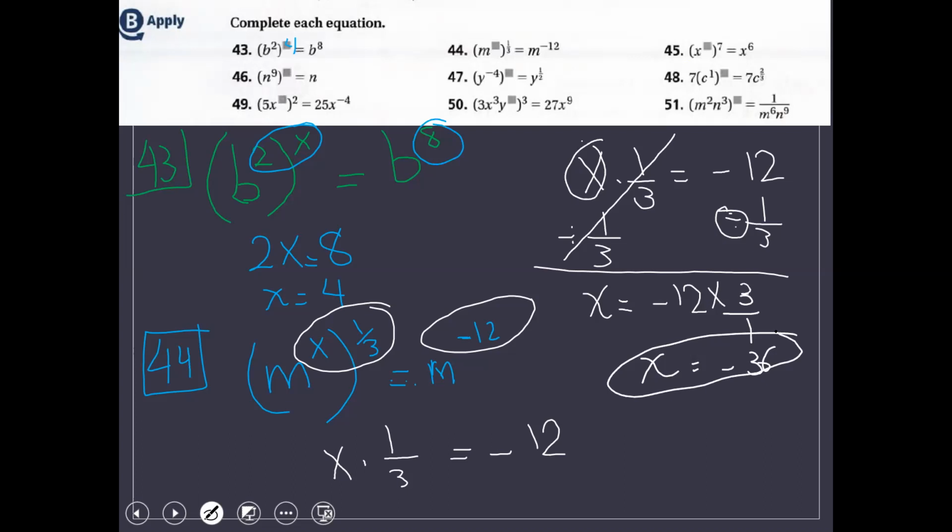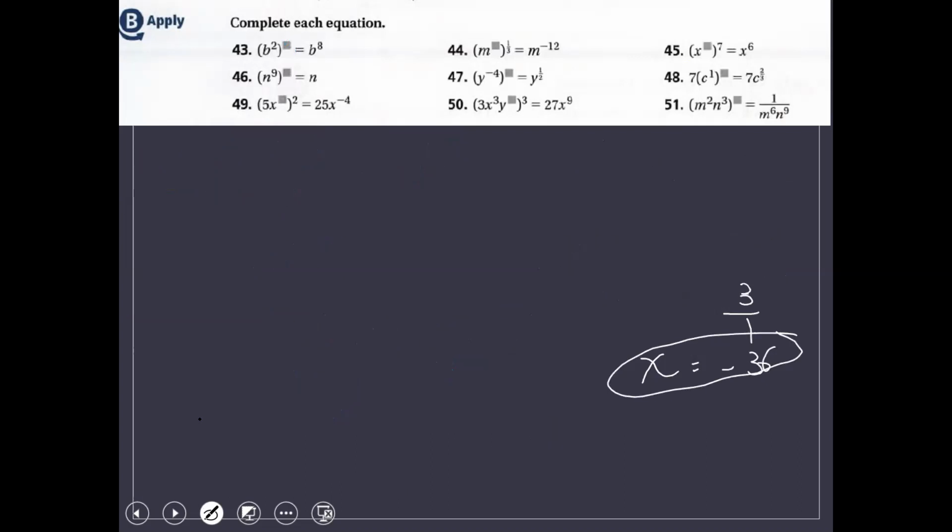Let's do now number 46. In number 46, here we have n raised to the power 9, raised to x, equal to n. What do we have to do? Here now we have n raised to the power 9, and this power is raised to x.